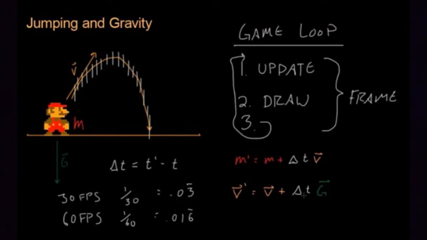The V vector represents thrust, and the G vector represents gravity, and delta t is time. As more time passes, the gravity vector gets bigger, which decreases the size of the velocity, or thrust, vector. So as time goes on, the thrust vector will get smaller, and he'll come down to earth after he peaks at his jump.